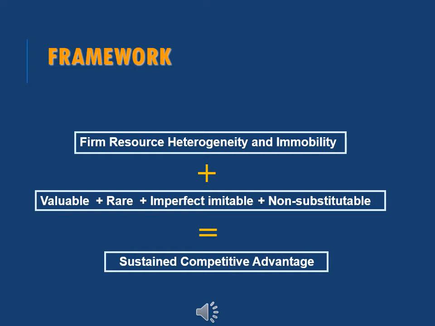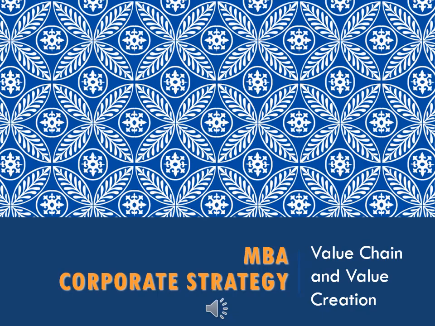These are just assumptions, of course, and we know that in real life it's very hard to find, unless it's really a mountain or something happens that makes it immobile. So these help us to reach the sustained competitive advantage.